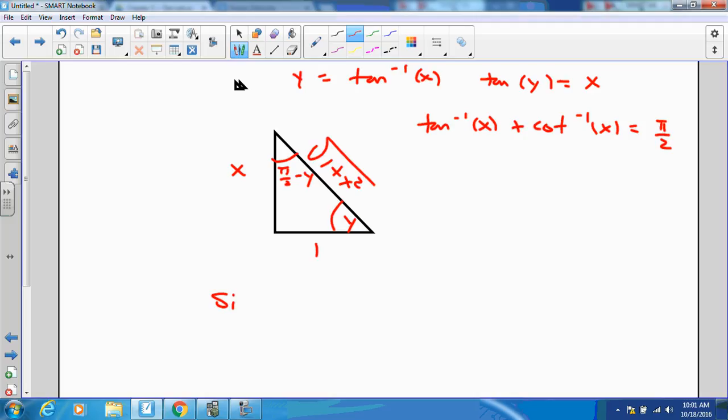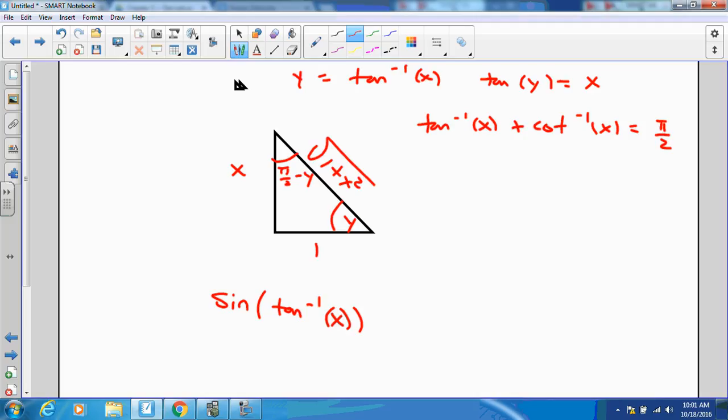There's more hidden in these right triangles that's kind of cool. Suppose I have some expression like this. Evaluate the sine of the inverse tangent of x. What does that even mean? Well, the right triangle actually makes short work of that.